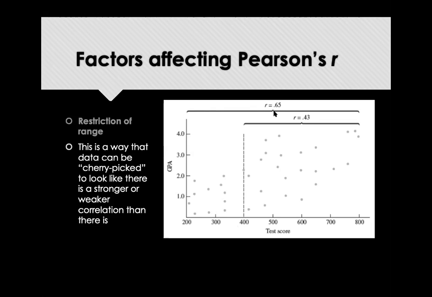And remember that that would be considered a moderately strong positive correlation. And so you can see, hopefully, that if you restrict the range, you end up with a very different value, a very different interpretation of the data, and one that could be, in some extreme situations, absolutely incorrect. So it is never a good idea to restrict the range in either variable. You wouldn't want to just look at GPAs that were above 2, right? It would just present a very distorted view of actual data.